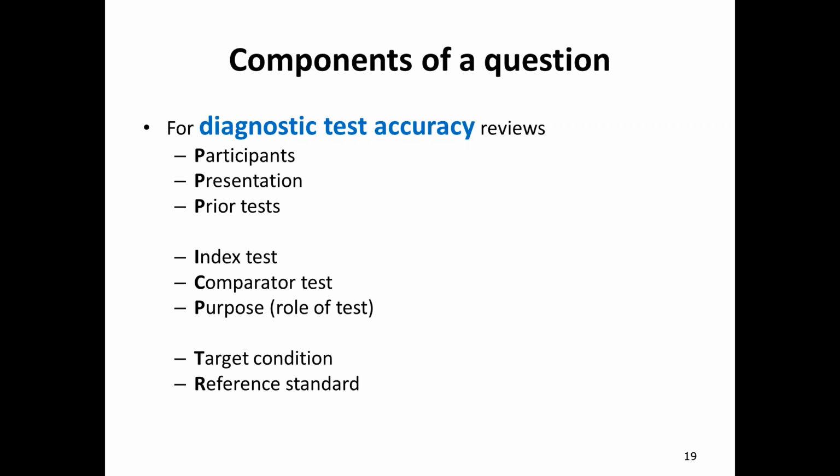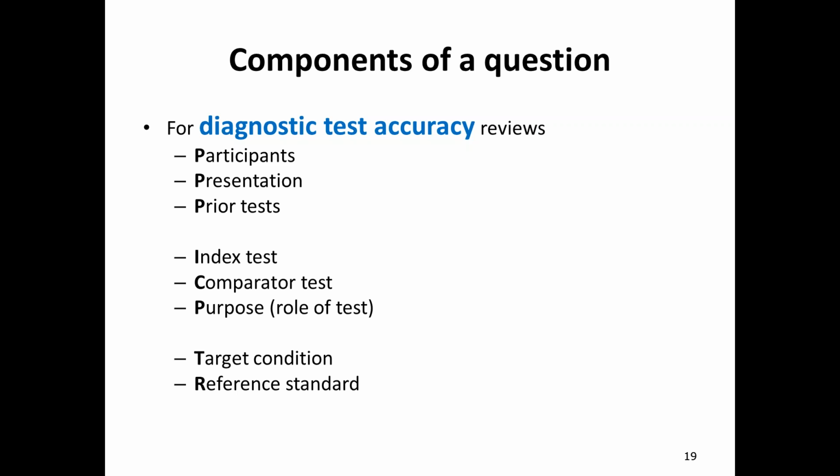Quite often, if we're looking at diagnosis, we're looking at people who are presenting with a particular set of symptoms. And the test accuracy and the studies we will include in a review will not be the same for a review of a test in asymptomatic individuals as it would be in symptomatic individuals. So we talk about how people present, what the pathway is, how have they got to that point.